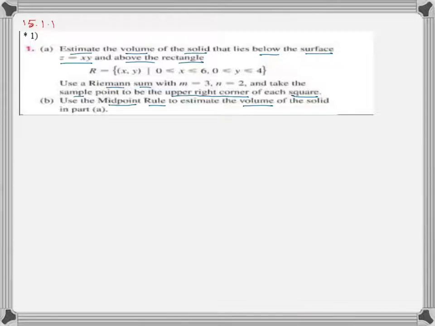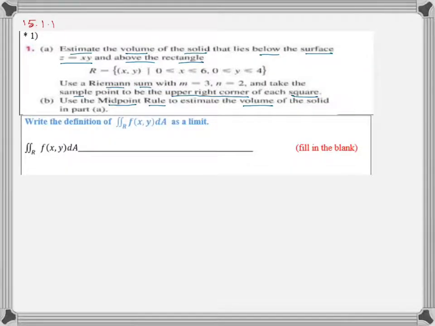So let's revisit the formulas, or what we mean by a double integral with the help of Riemann sum, which we learned in class. Write the definition of double integral over R of f of xy dA as a limit. So R here means a rectangle.